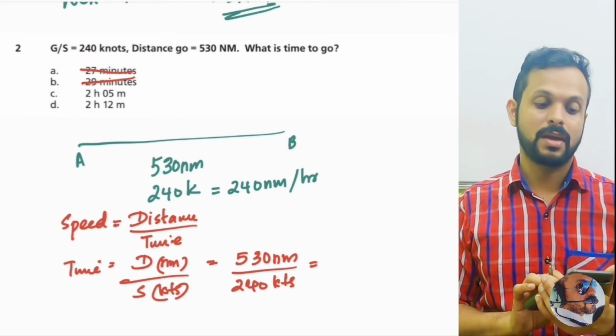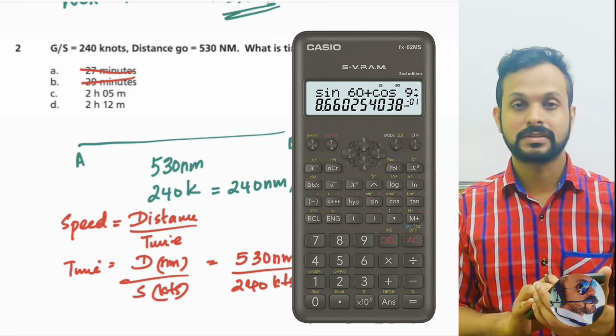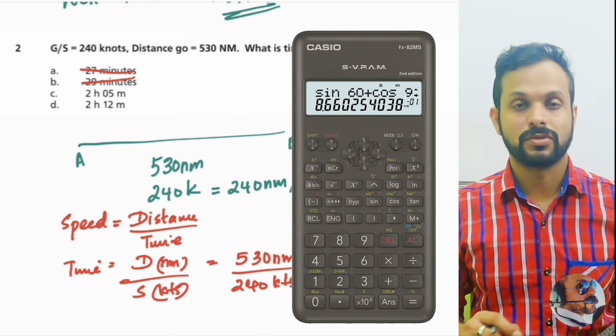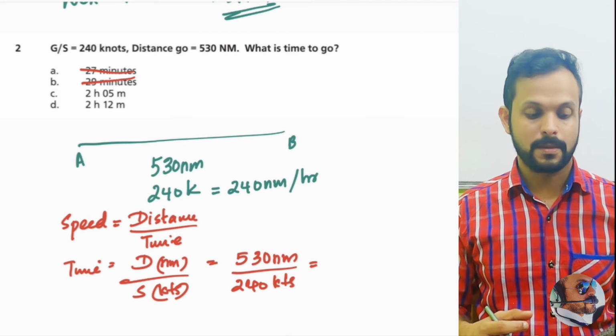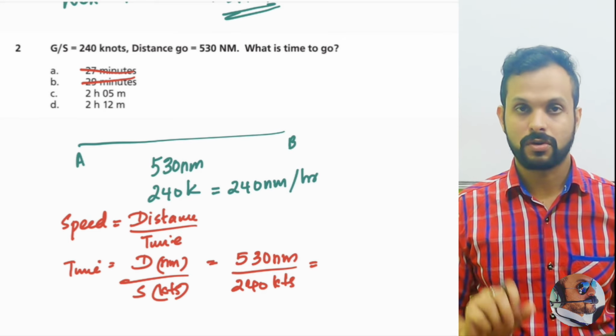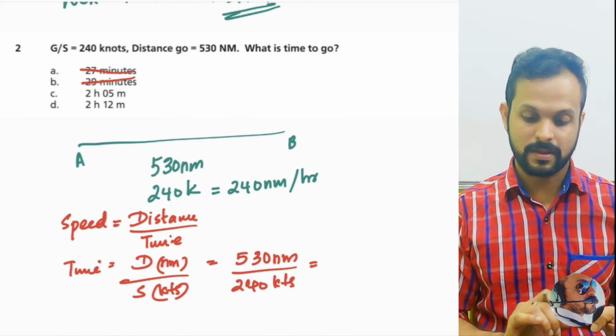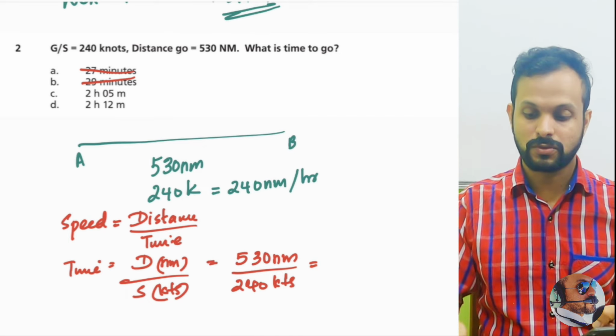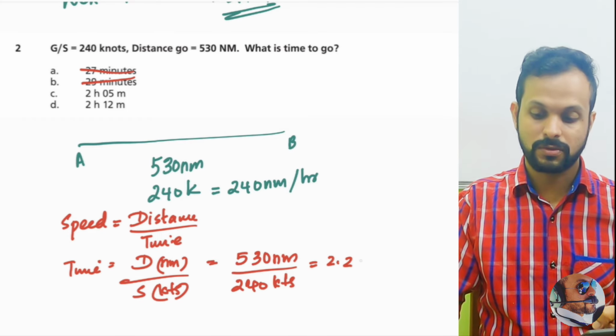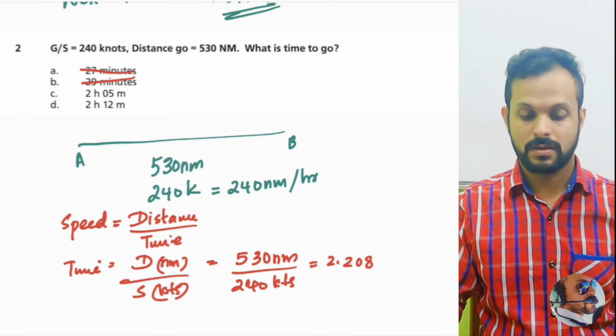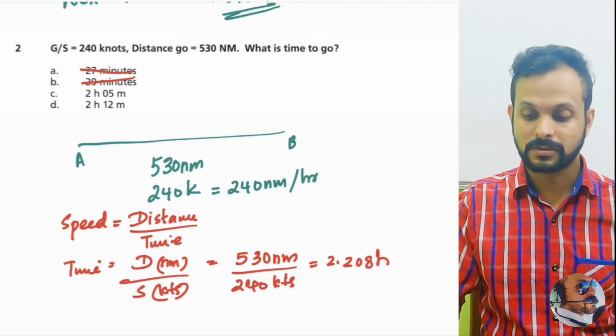The one that I am using is the Casio FX-82 MS, which is acceptable. There's not much of a havoc around this calculator. 530 divided by 240 is going to give you 2.208 and a couple of decimals after that, so many hours.